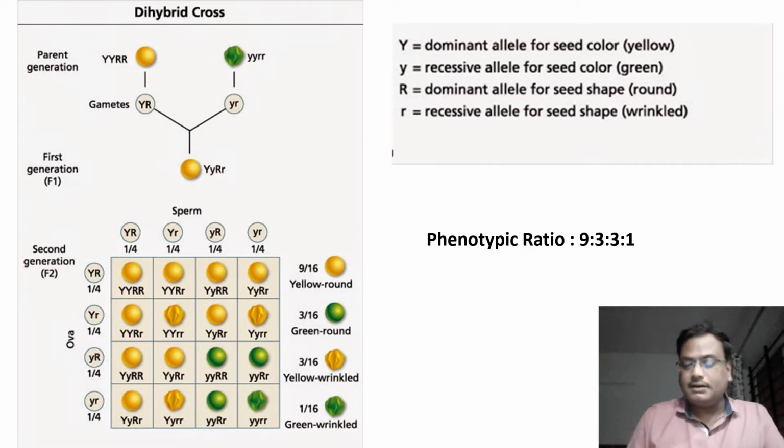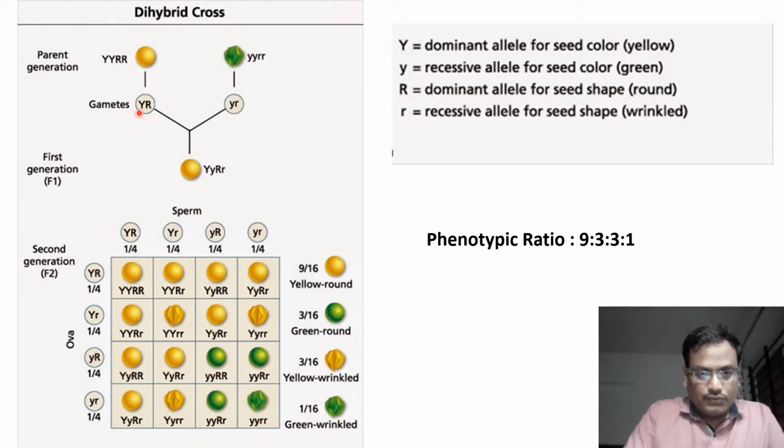And how many characters are we studying now? Two characters. So we have to consider four alleles, right? Two genes are there, so each gene is having two copies. So here we are counting four. So capital Y, capital Y, capital R, capital R is the genotype of this first parent. Small y, small y, small r, small r is the genotype of this second parent.